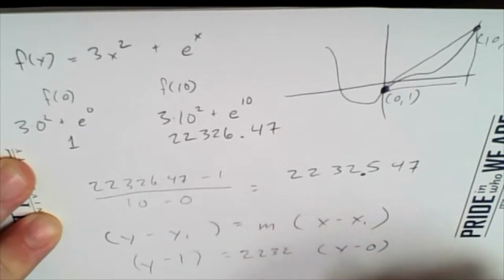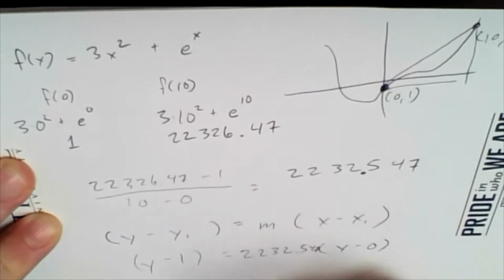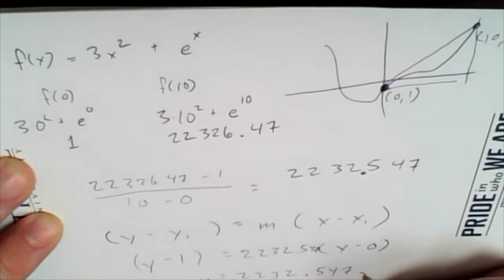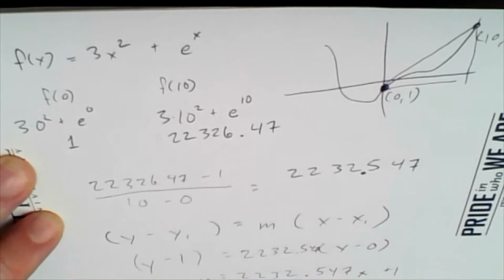Slope is still 2200 and change. And so the solution is going to be y equals 2,232.547 times x plus 1.